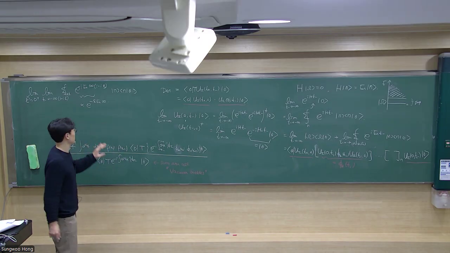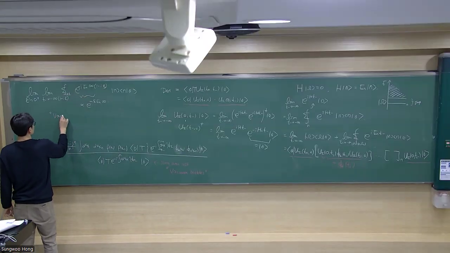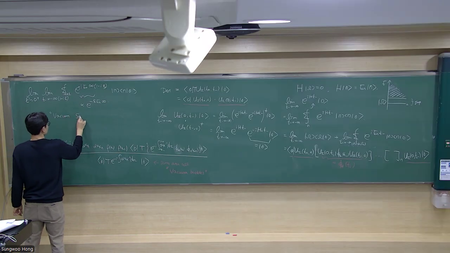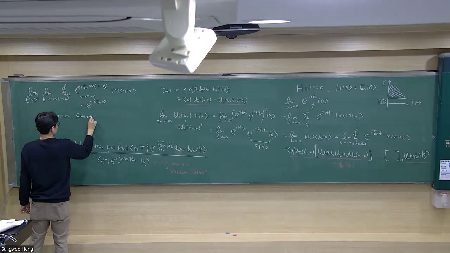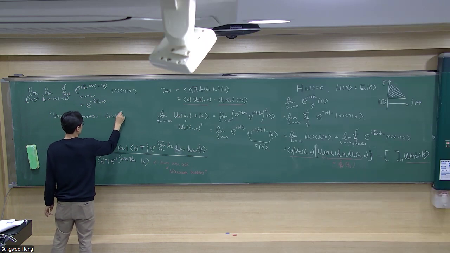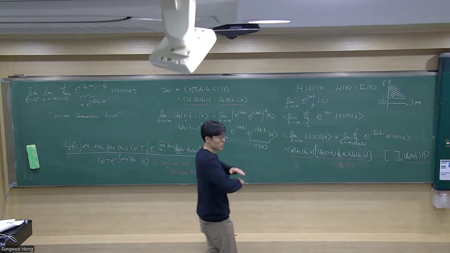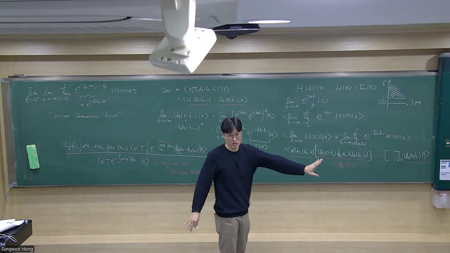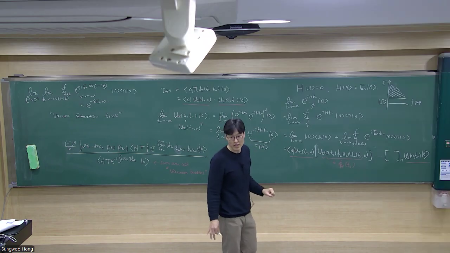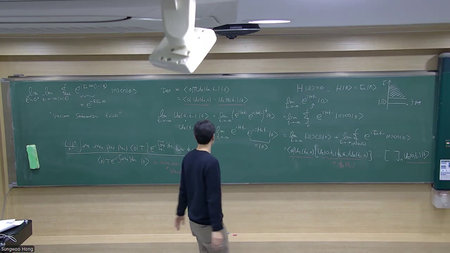This sort of trick is known as, if you wish, I don't know if it's official, vacuum saturation. By taking a large time limit, basically you project out every state except the vacuum.